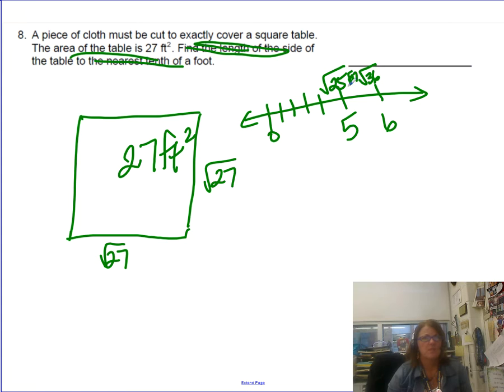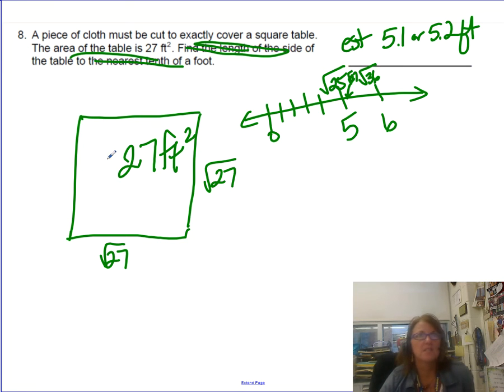Oh, goodness, this is really close here. So if I had to estimate, I'd say it's probably about 5.1 or 5.2 feet on each side, okay, because it's somewhere in between the 5 and the 6, but way, way closer to the 5.